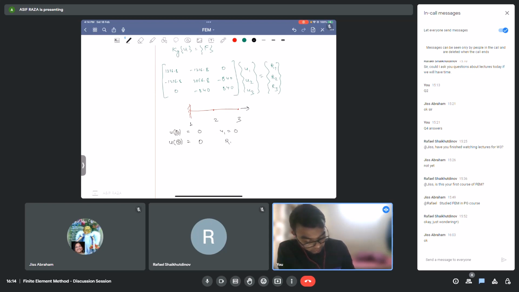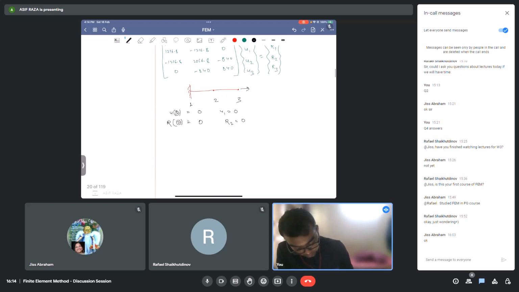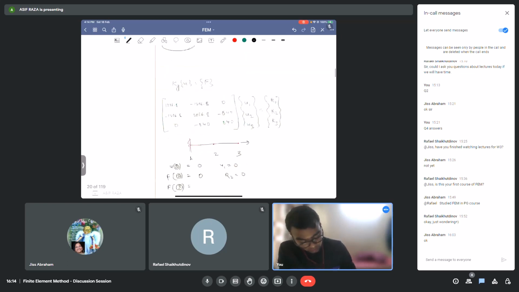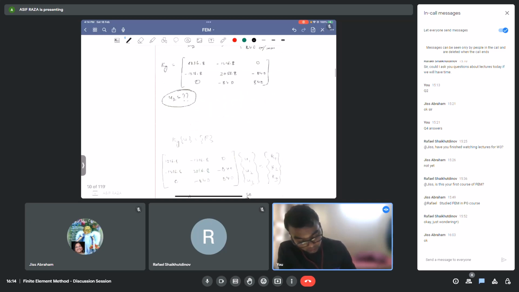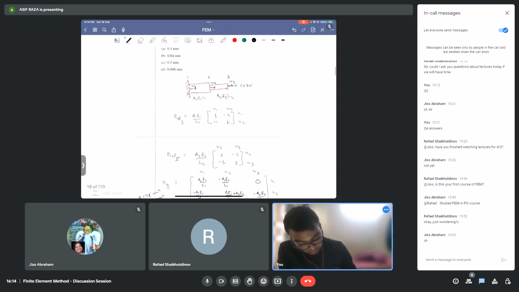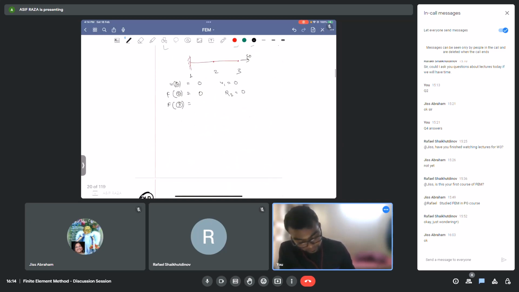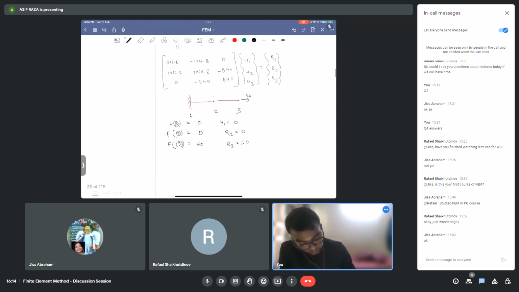So that will give me R2 as 0. And F at node 3 is given as 50 kilonewton, if I'm not wrong. Yes, so R3 is equal to 50.